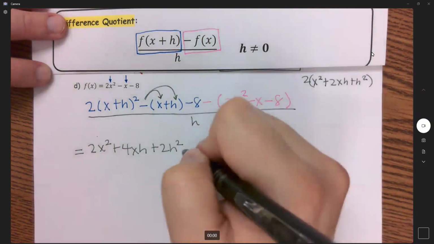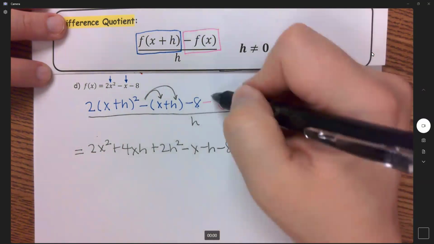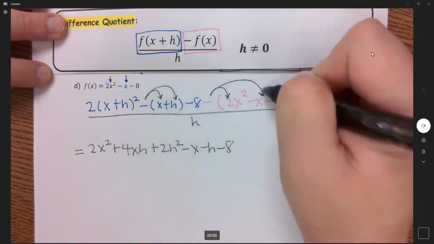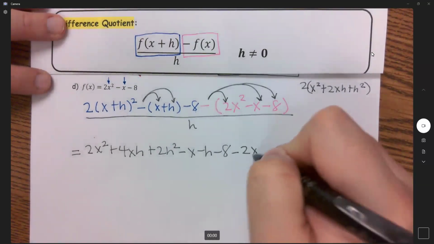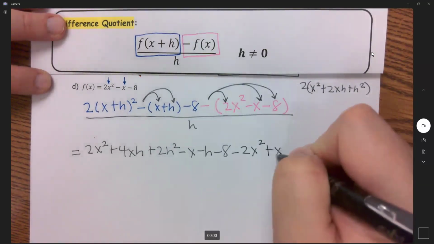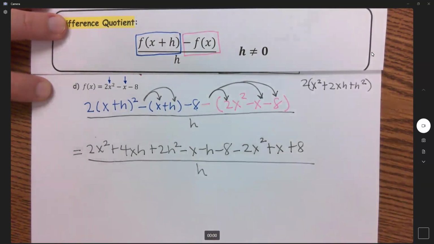Distribute that negative. Minus x minus h, bring down your minus 8. And then distribute your negative in here. Minus 2x squared, positive x, positive 8, all over h.